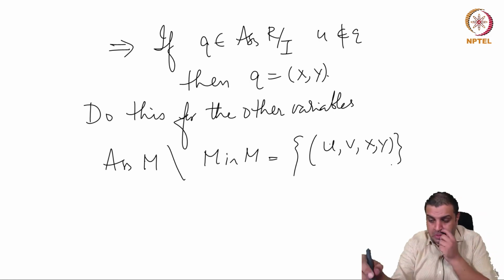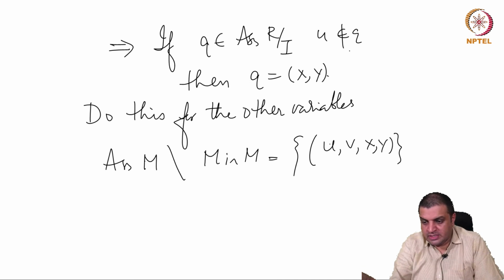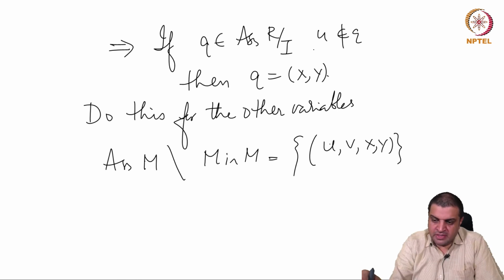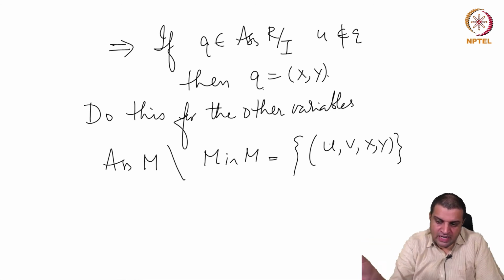So let me just repeat how we got this. If you have an associated prime that doesn't contain u, then it must be this. The same argument says that if you have an associated prime that doesn't contain v, it must be this. Similarly, if you localize x and localize y, we will get u and v.